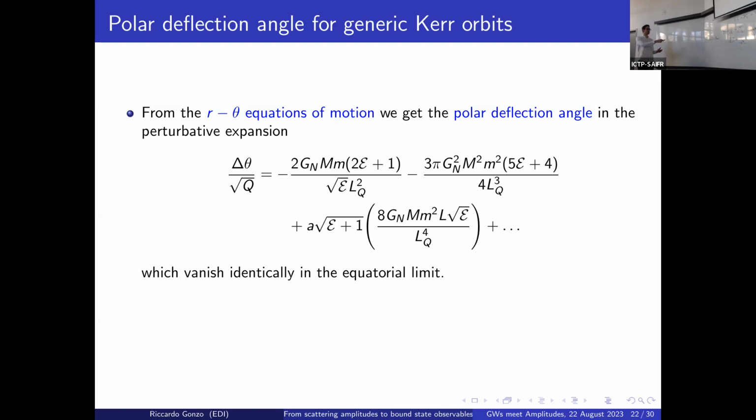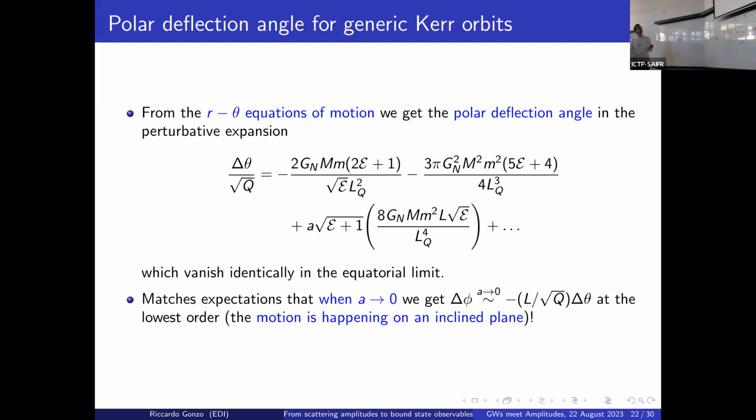So this is all, of course, equivalent, the two pictures are equivalent. Anyway, you can compute that. That's proportional to the Carter constant. So if I set the Carter constant to 0, that's obviously vanishing because that's the equatorial plane. And that's because it's in the denominator of the delta theta. Yeah, and then you can do some geometric transformation. So if you send the spin to 0, there is no precession, but the plane is still inclined.